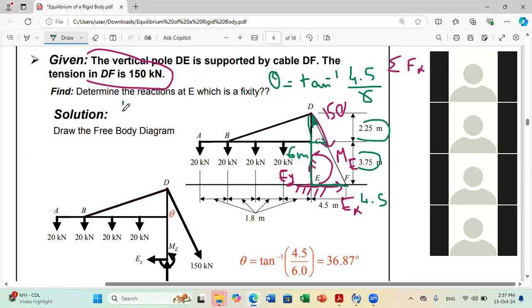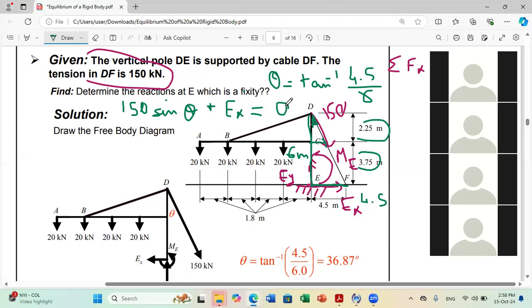So we have 150 sine theta, and this is the only force in X, okay? We still have the reaction, so plus EX equals 0. So we get a negative value for EX.